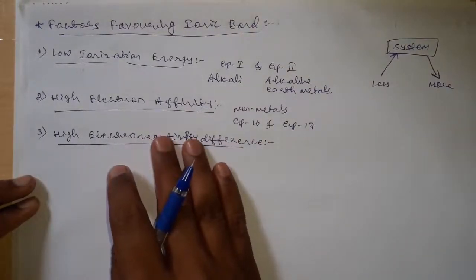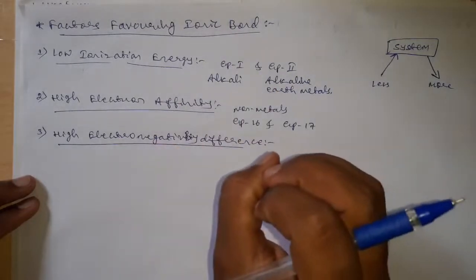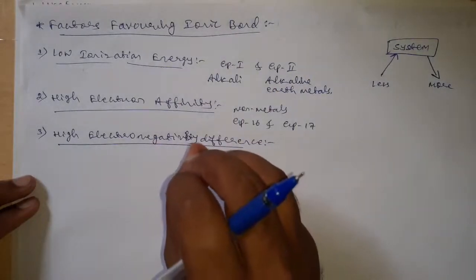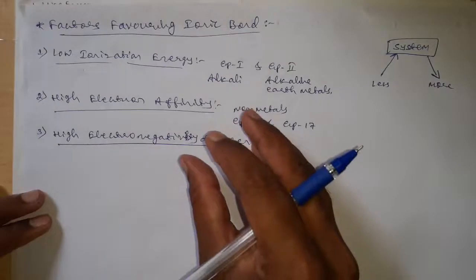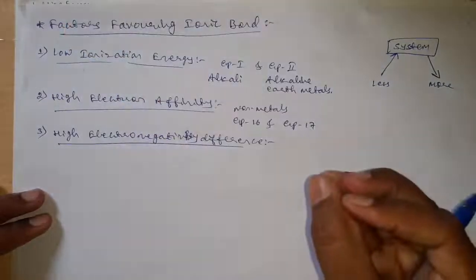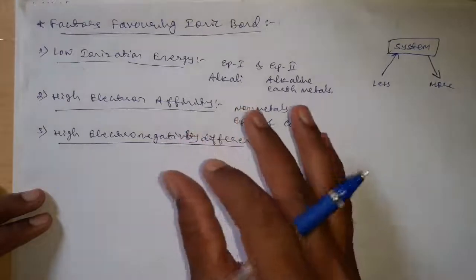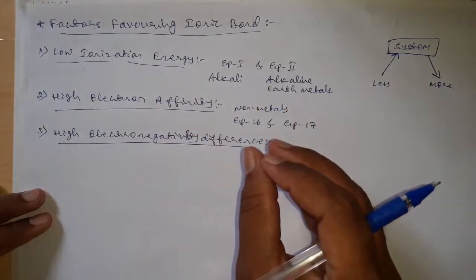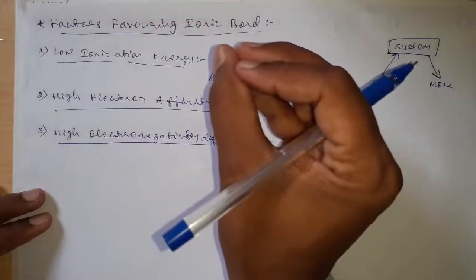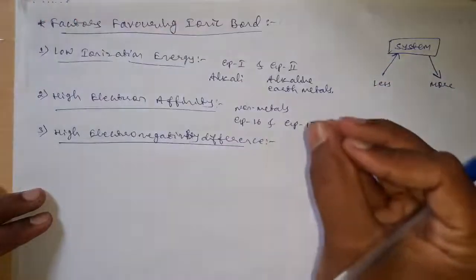Electronegativity of an atom is nothing but its ability to attract an electron towards its center. If the electronegativity is high, then that atom is attracting the electron more strongly towards its center. If the electronegativity is less, then that atom attracts the electron only loosely.